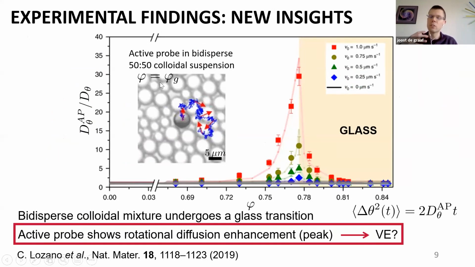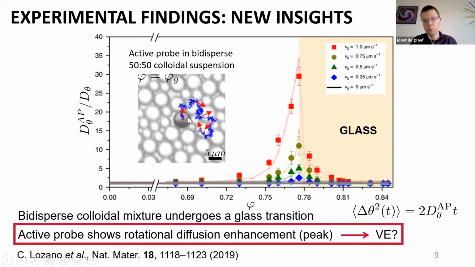If you use instead 2 types of spheres, 2 different diameters, ratio 1 to 1.4, then you can get a glass, and I don't really want to use the term glass here because that's a little bit controversial, but what happens is that before the glass, you get a viscoelastic response of your effective hard sphere colloidal medium, and beyond the glass, you essentially have a solid with also elastic properties.